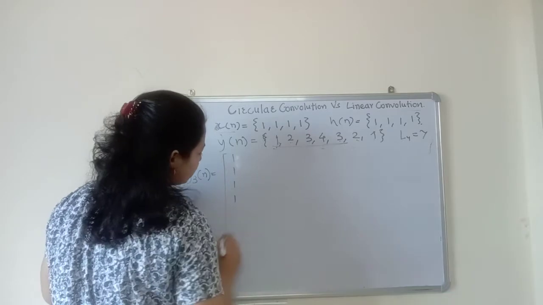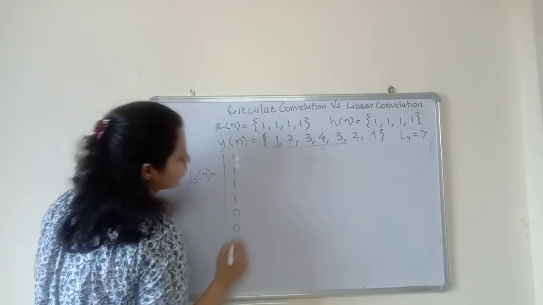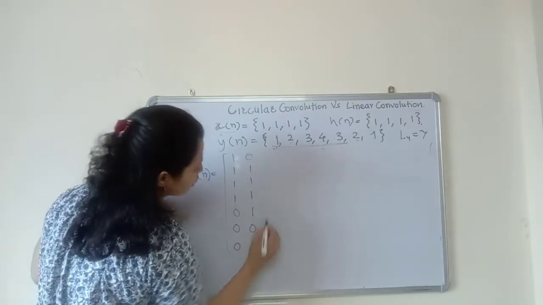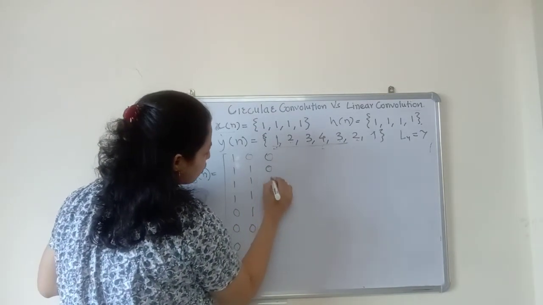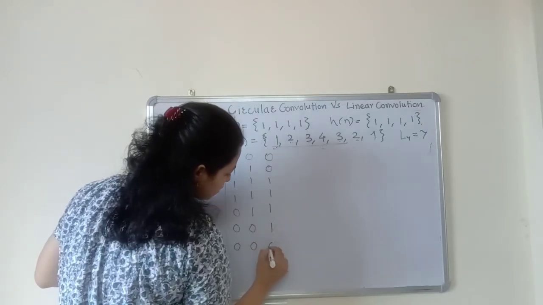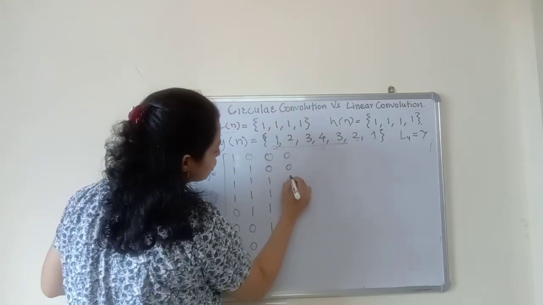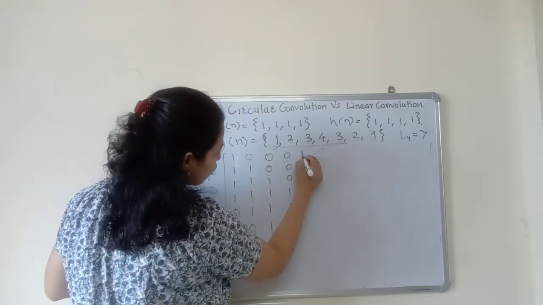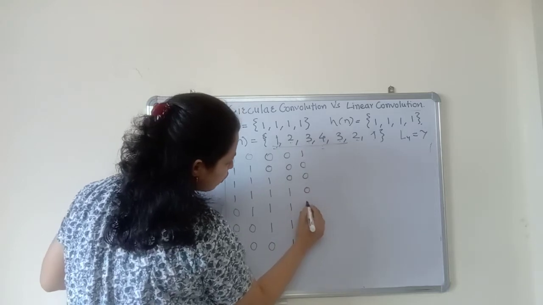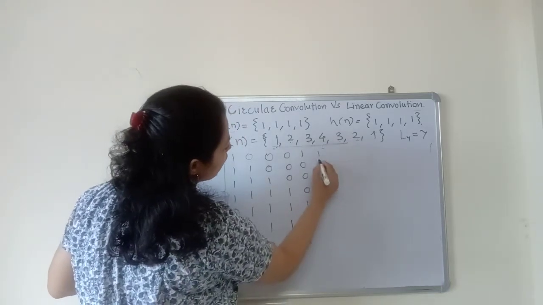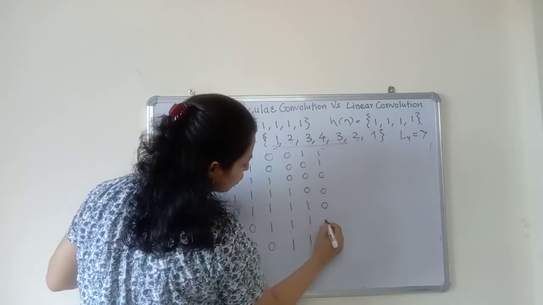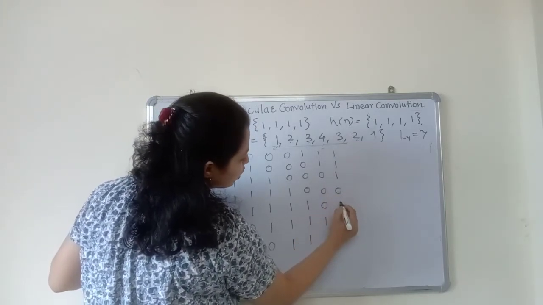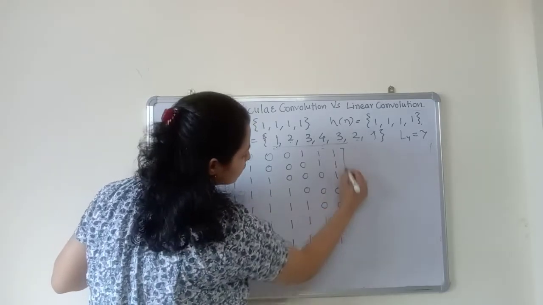1 1 1 1, and 3 zeros padded, 0 1 1 1 1, 0 0, 0 0 1 1 1 1, 0 0 0 0 1 1 1 1, 1 0 0 0 1 1 1, 1 1 0 0 0 1 1, 1 1 1 0 0 0 1.